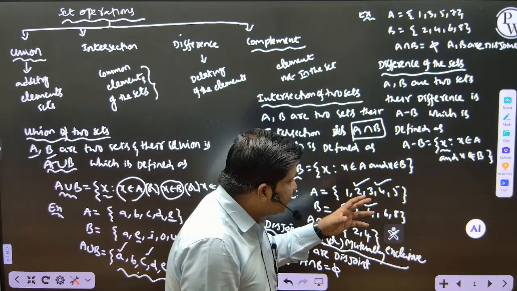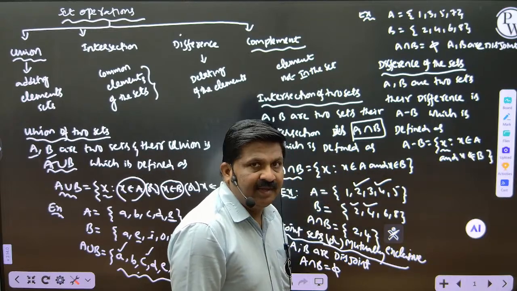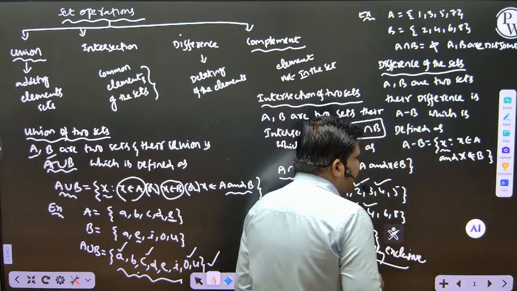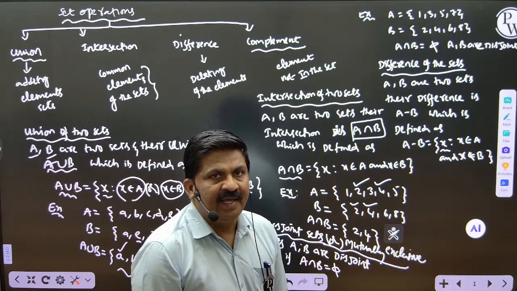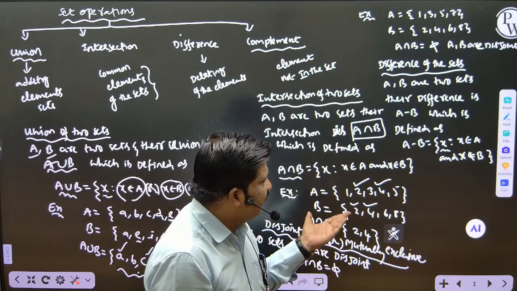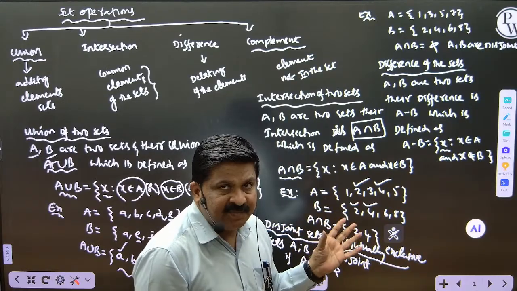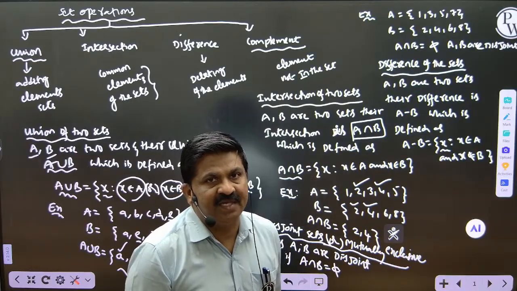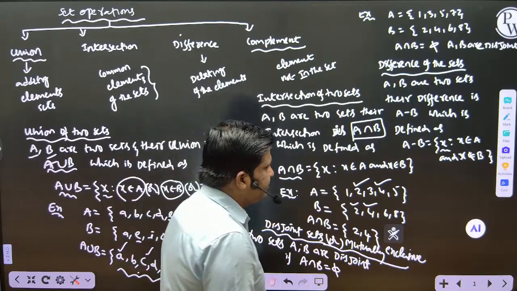Those elements are in A, but not in B. Why are they not in B? Since from A you deleted the elements of B. That's why A minus B has only the elements of A but not the elements of B. So that is the meaning of A minus B.